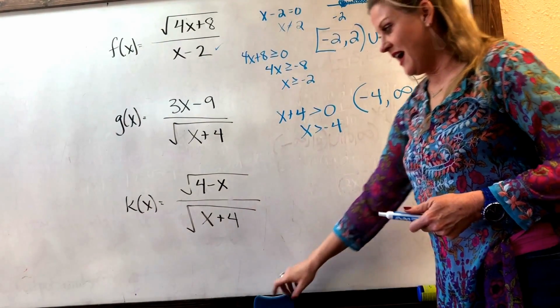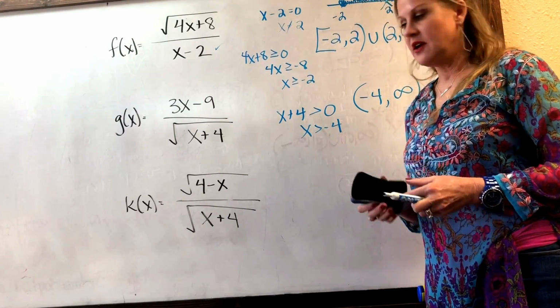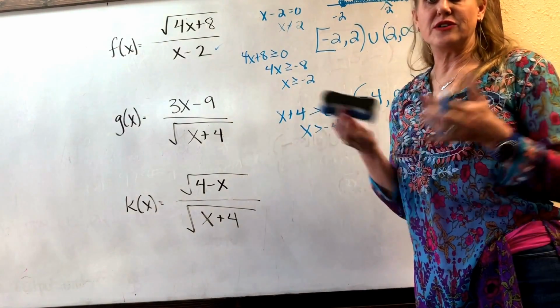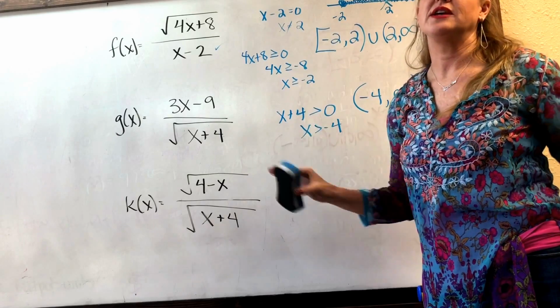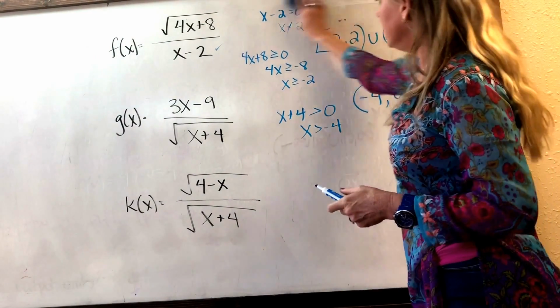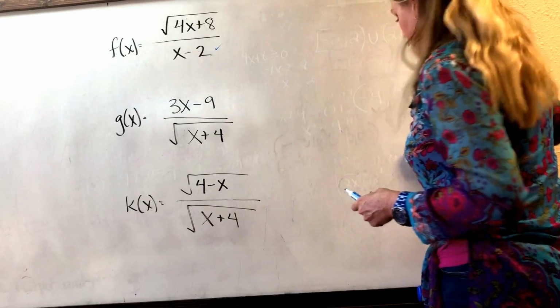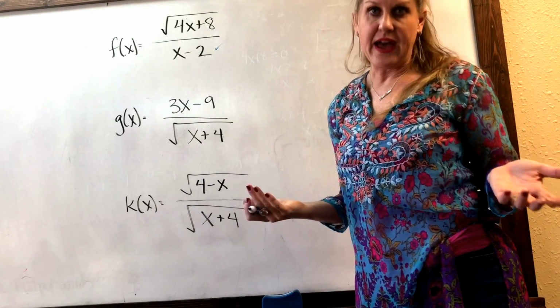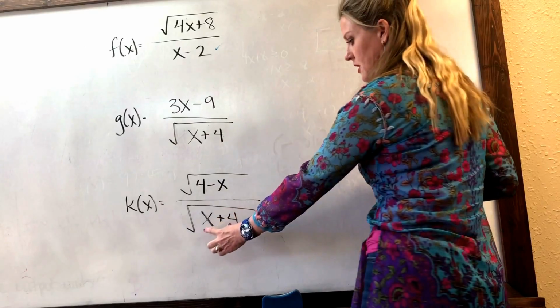Now this last one has lots of moving parts. Variables under radicals in numerators and denominators, and we have to keep everybody happy at the same time. So I'm going to start with the bottom, kind of habit, I always deal with the bottom first.